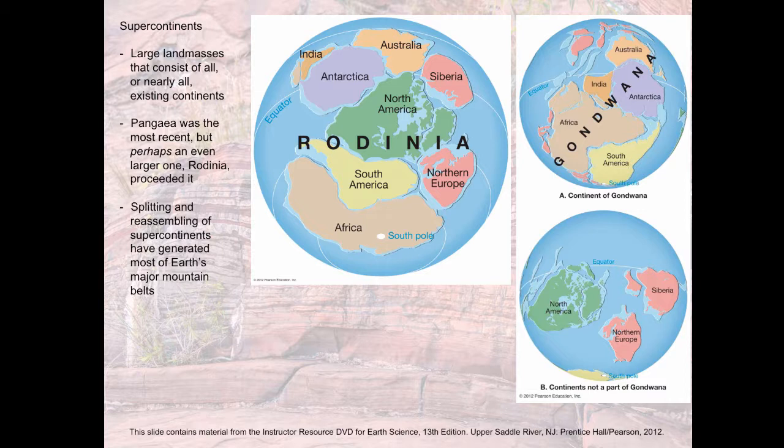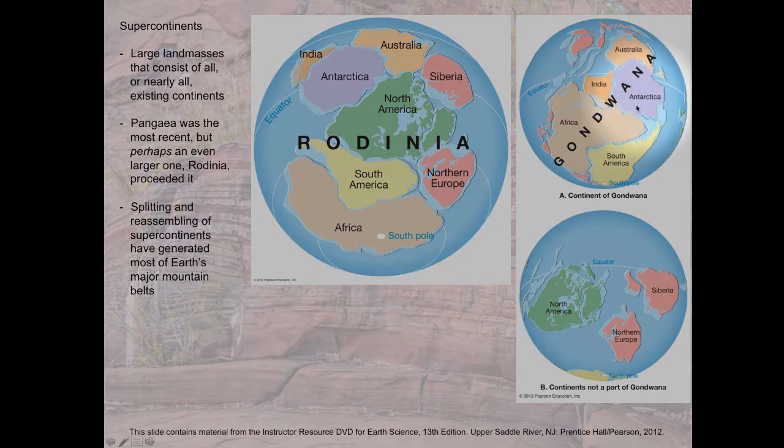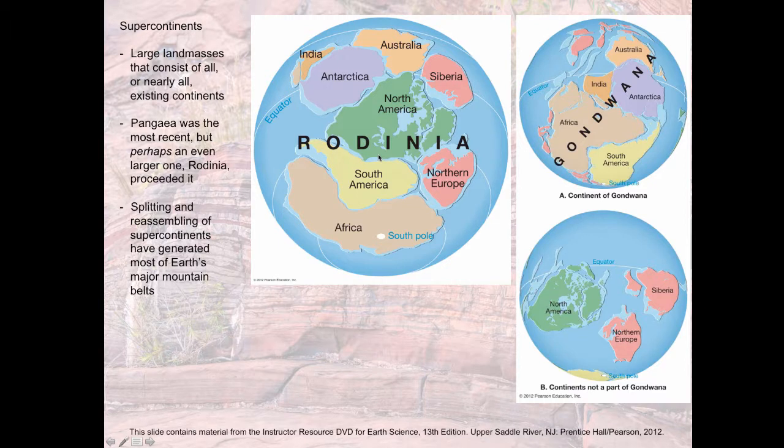There have been several different supercontinents that have existed on the surface of the Earth. Rodinia is one. Pangaea is another. Gondwanaland and Laurasia eventually joined to form Pangaea. Pangaea is the most recent one, but Rodinia was, true to its name, a supercontinent comprised of all of the continents that existed at that point in time.